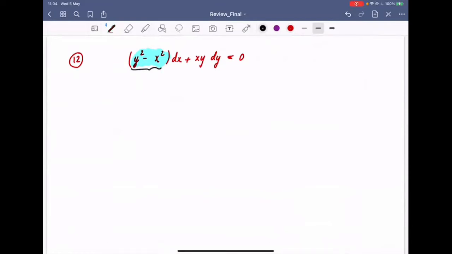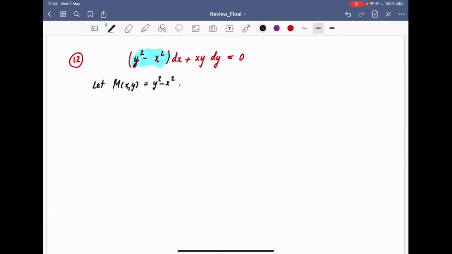You have your function M here, your function N here. Before we go to the next step, let M be y squared minus x squared.